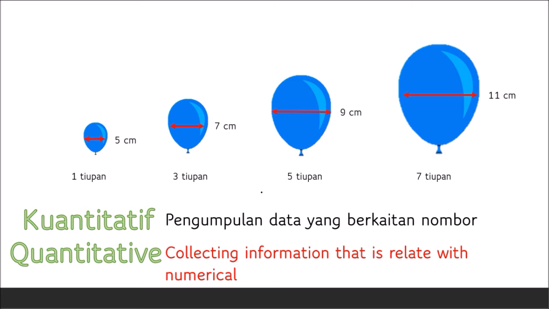For example, in the same experiment, if we want to gather quantitative observation, we must use measuring tools. Here we can measure the diameter of the balloon. So we can say that the diameter of the balloon is increasing 2 centimeters each time it is taken.